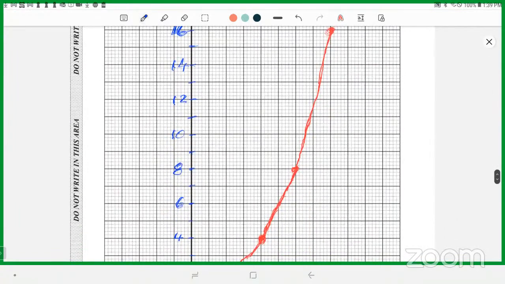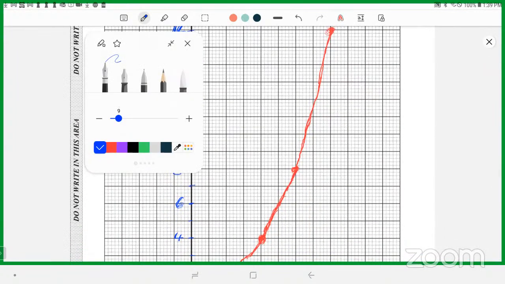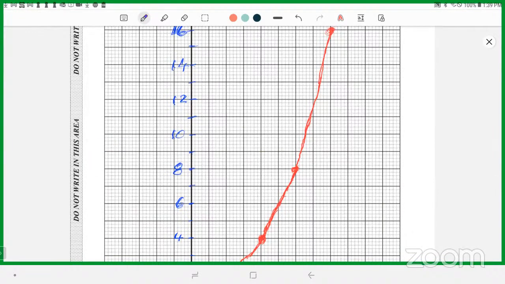Let's use a green ink for that. See 11 right here, so this is 11. The line y equals 11 is this one. The line to draw is y equals 11.